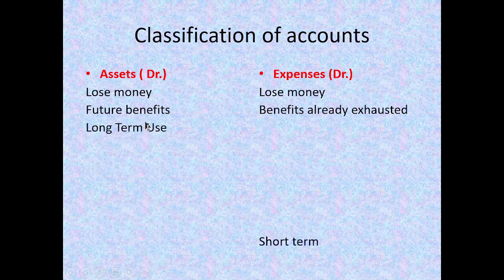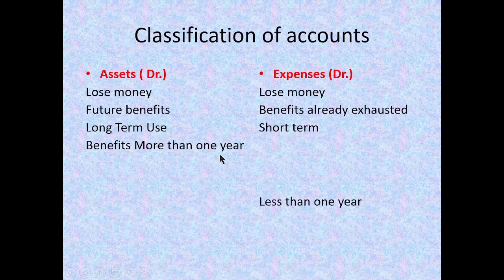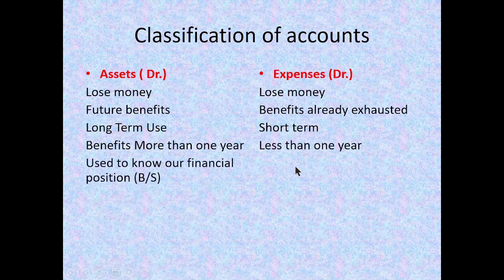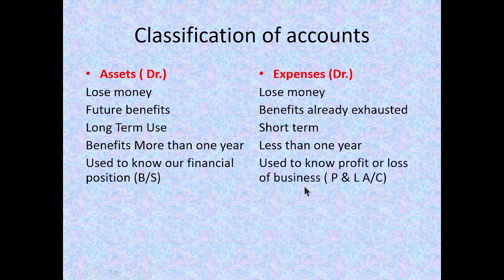This is long term use, short term use. That is, for an asset the benefit is for more than 1 year, and for expenses the benefit is for less than 1 year. Assets are used for preparation of the balance sheet, the position statement, to know our financial position. Expenses are used to know the profit or loss of the business, that is the P&L account.